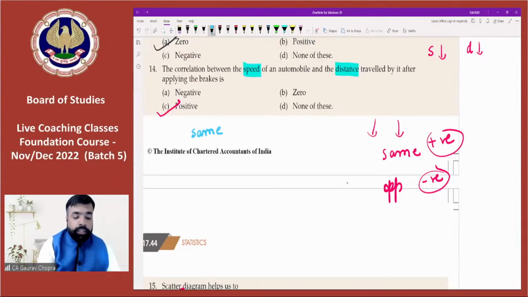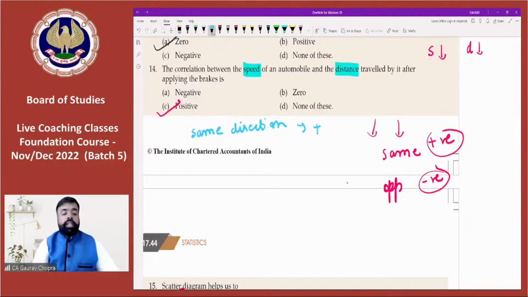If they are in the same direction, then the correlation will be positive. If in different directions, then the correlation will be negative. So whenever brakes are applied, after applying the brakes, speed will get reduced.